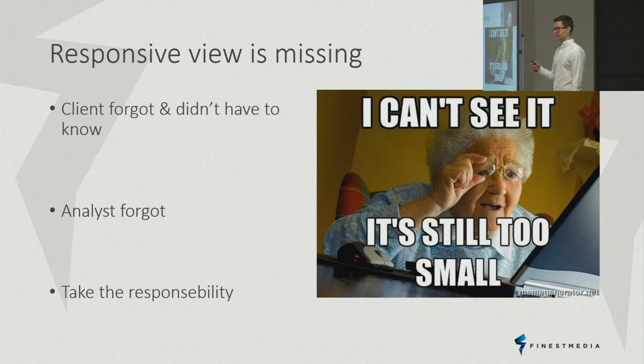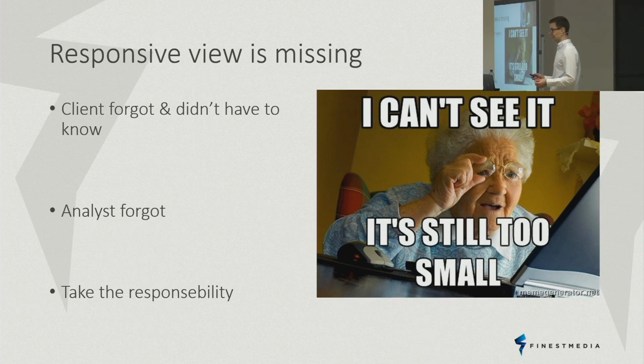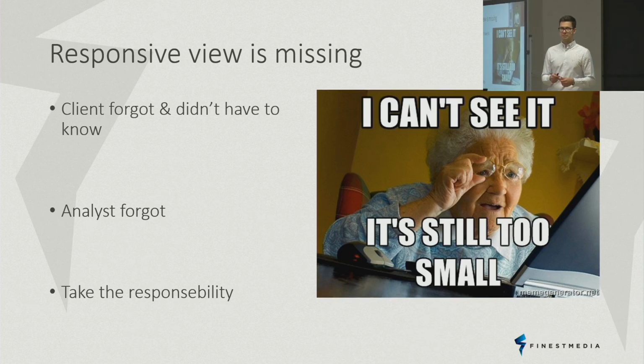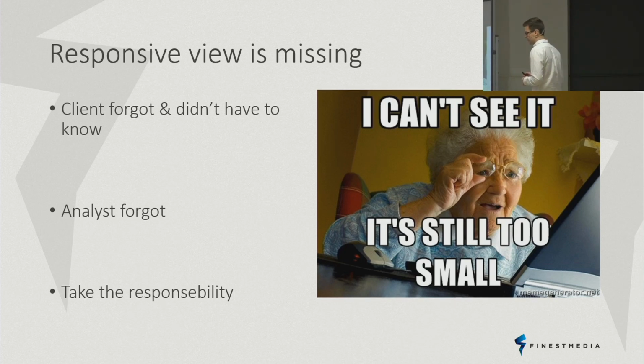So they forget that current web development is responsive, but they actually don't even have to know that they have to provide it. And in another case, you can say that the analyst should know, but they can forget too. So basically, I think if something is missing, then the front-end developer has to be the one who takes the responsibility.